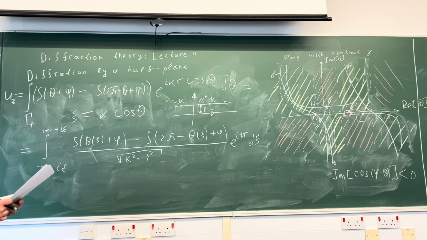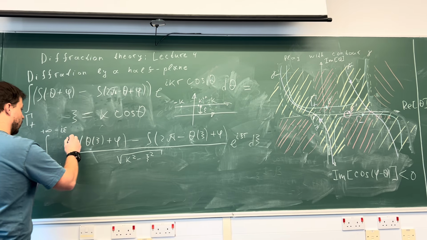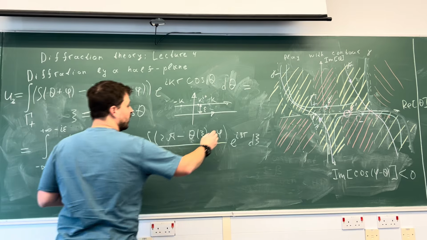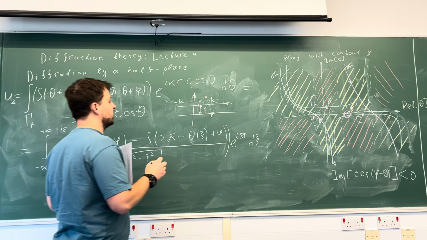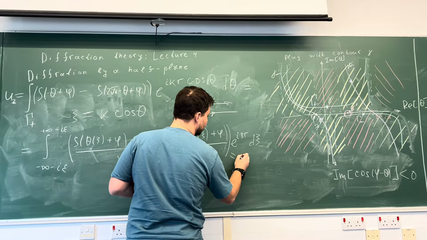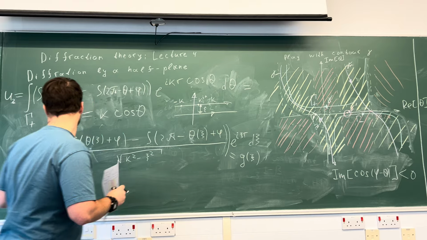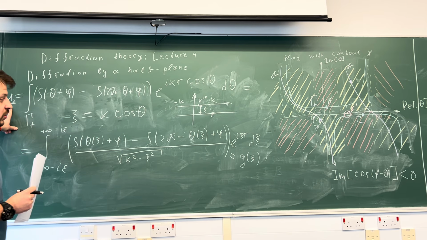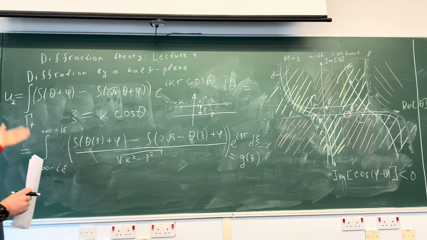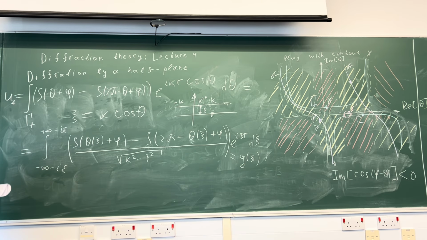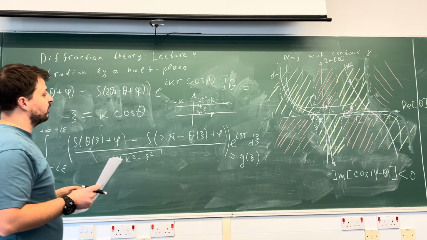But let's call it, so we want to formulate some restriction on this function, the Fourier image of u. So let's call all this thing g of psi, and this is just by definition a Fourier image of u. Like a bit shifted, but don't worry about it.